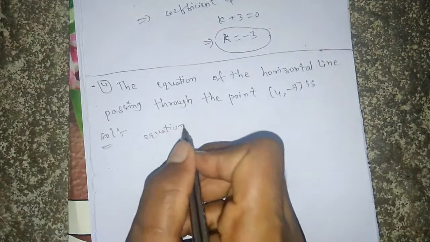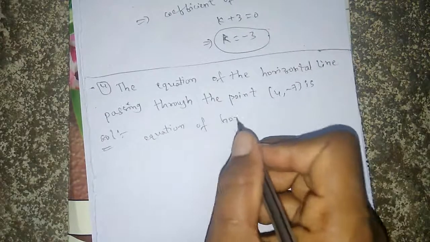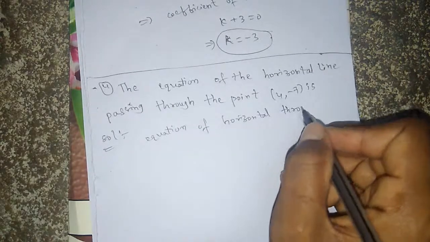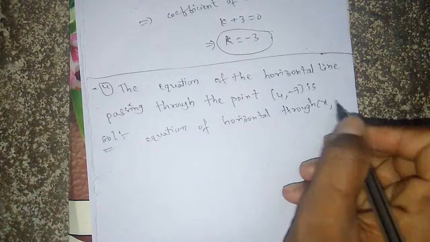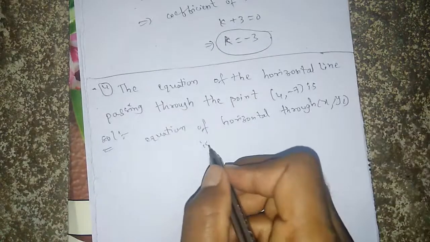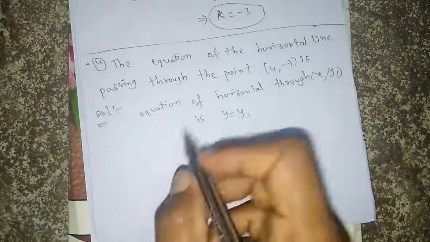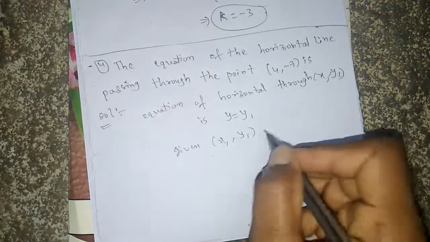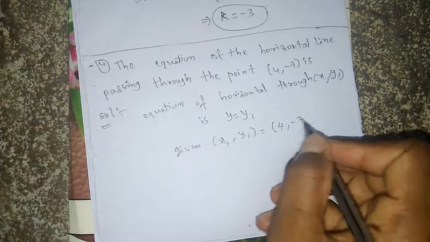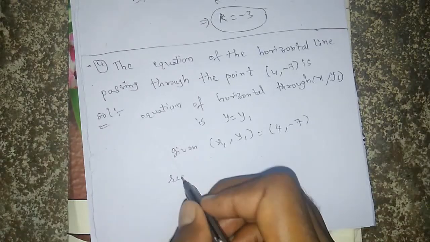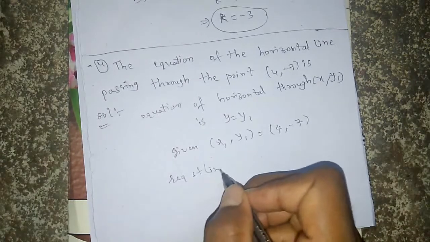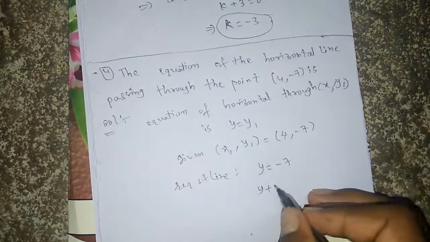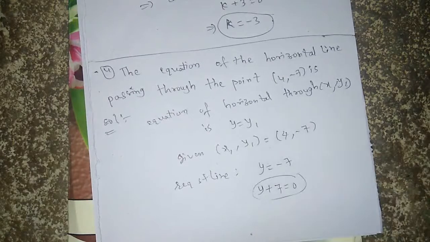The equation of a horizontal line through (x1, y1) is y = y1. Here given (x1, y1) is (4, -7), which implies the required straight line is y = -7, that is y + 7 = 0.